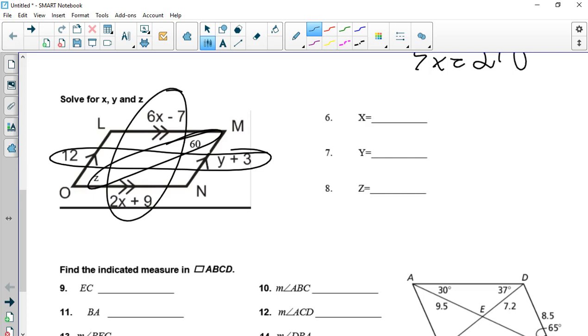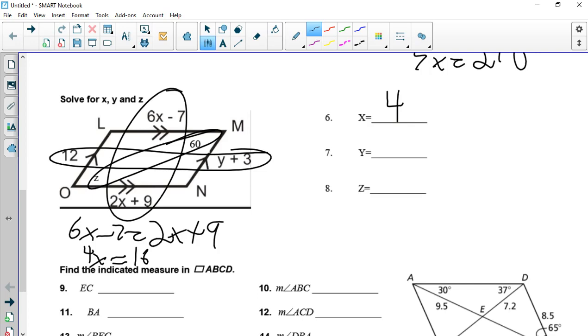So first off, 6x minus 7 equals 2x plus 9. Okay, well, subtract 2x, that will give me 4x. If I add the 7, I get 16. So now when I divide by 4, x is 4.